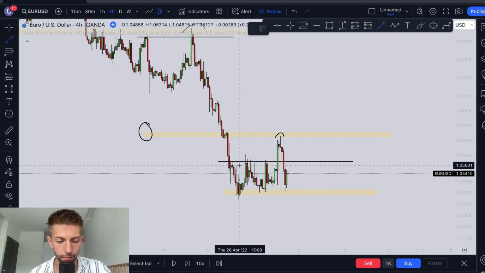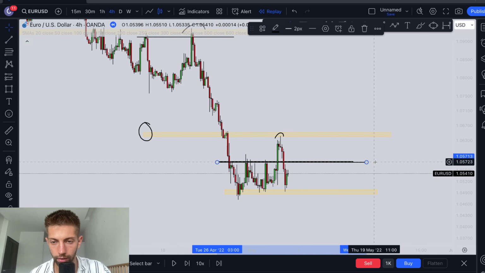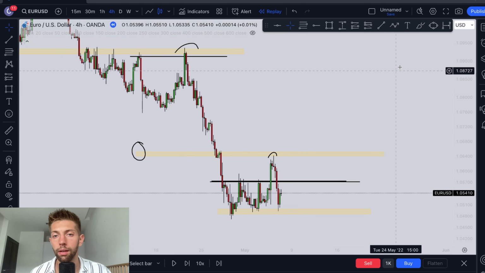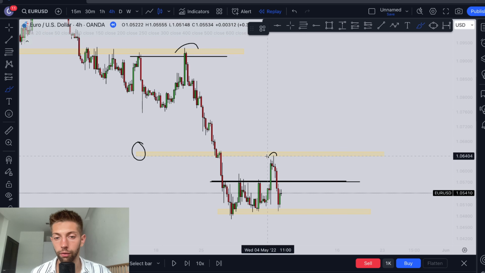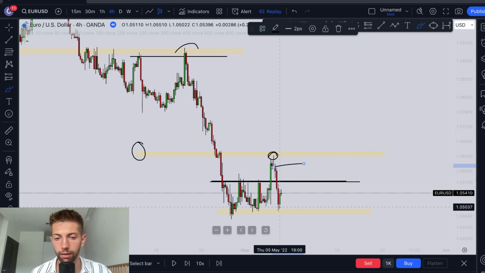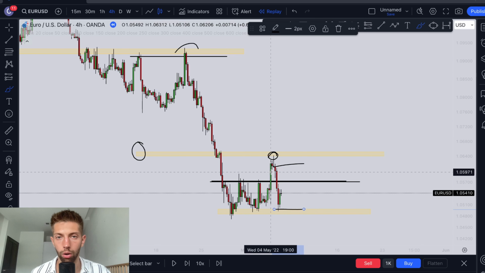Same example here. People will think this is a break of structure, but it wasn't a 38.2% pullback, it was like 20%. So the people who are using the Fibs correctly will know this is a new lower high point, and they will take advantage of it and sell this market and make profits all the way down.